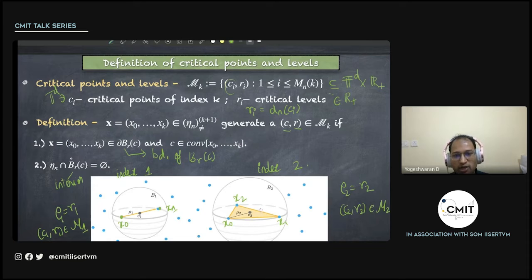Exactly 3 on the boundary and nothing inside. And C2 is in the convex hull generated by these 3 points. The convex hull generated by these 3 points will always be a simplex, and it's inside that. Okay, that's the point. So this is the key.